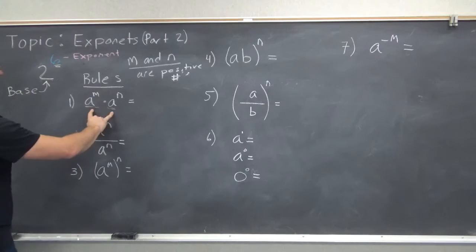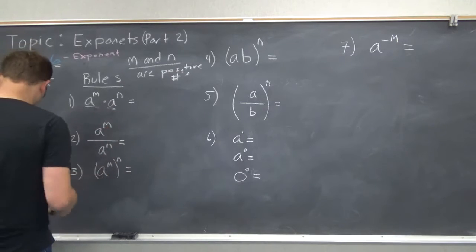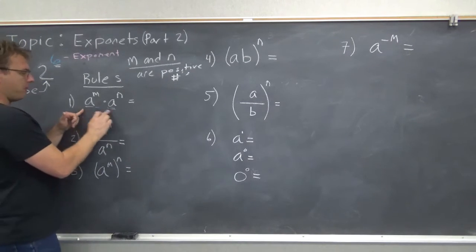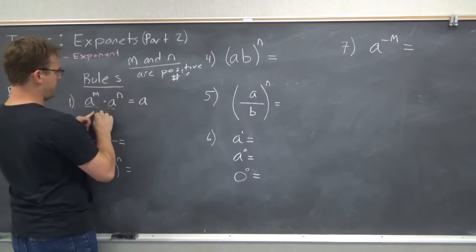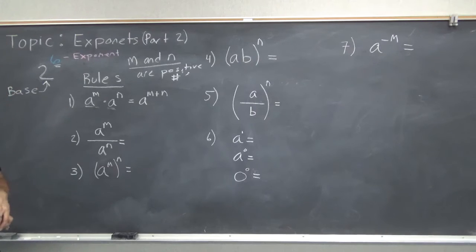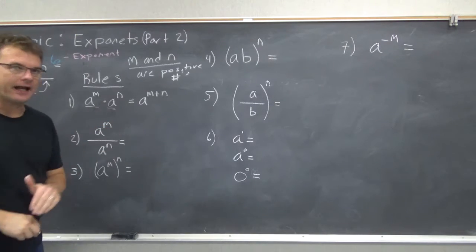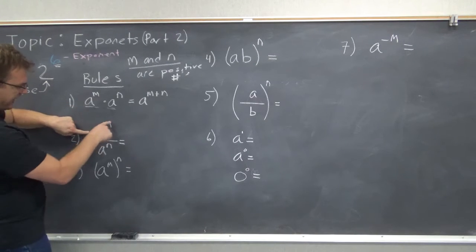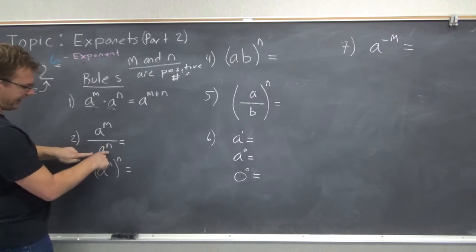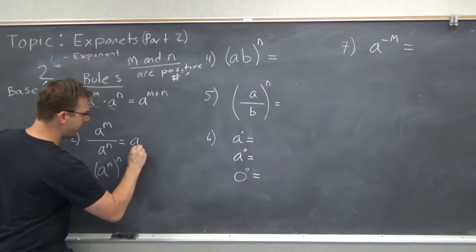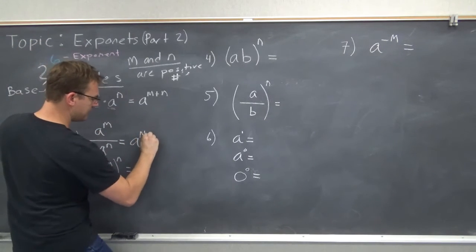That's why a is written here twice. So if I'm multiplying, this is a to the m plus n. You're going to add exponents. For division, this is a to the m divided by a to the n, so this is going to be a to the m minus n.